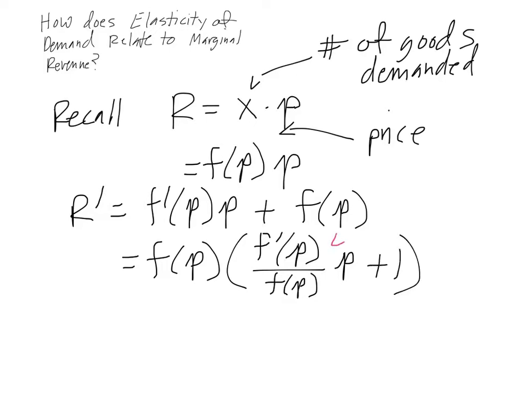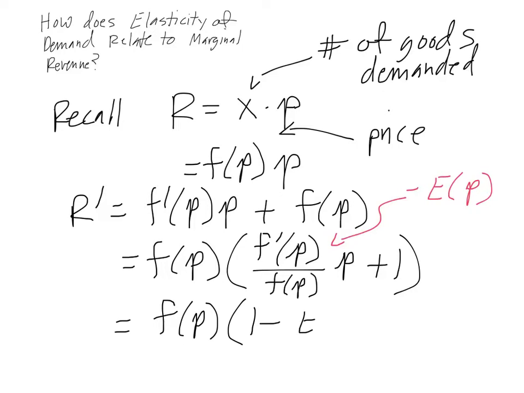This is just negative 1 times the elasticity of demand. And so here you have f of P, and then here you'll have, let's switch order, 1 minus the elasticity of demand.